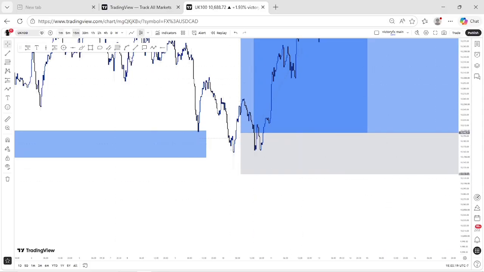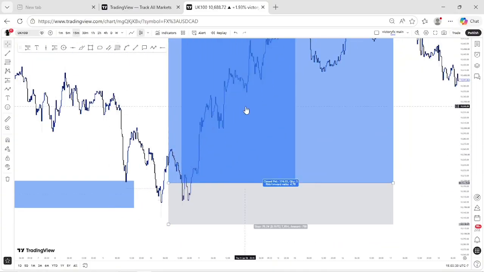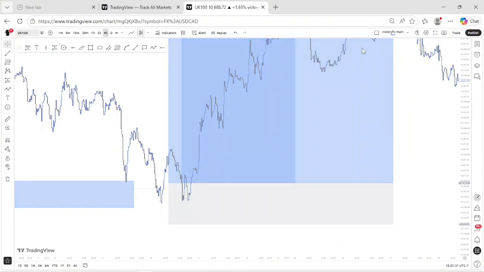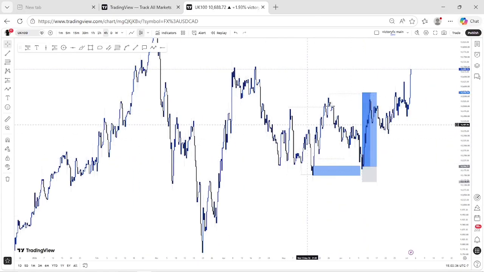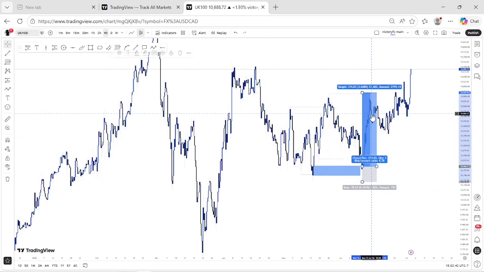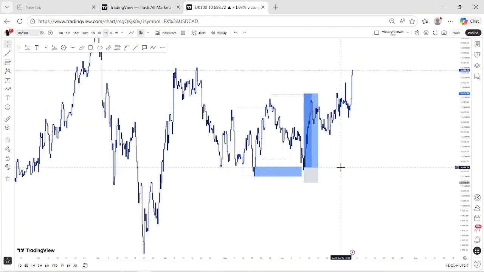So go to the 15 minutes, break of structure, market structure shift, enter the breakout, stop loss below the low of your confirmation, and then you can target the weak high of your setup. So break of structure, retracement, protected low, weak high. As easy as that. This is a 1:4 setup.